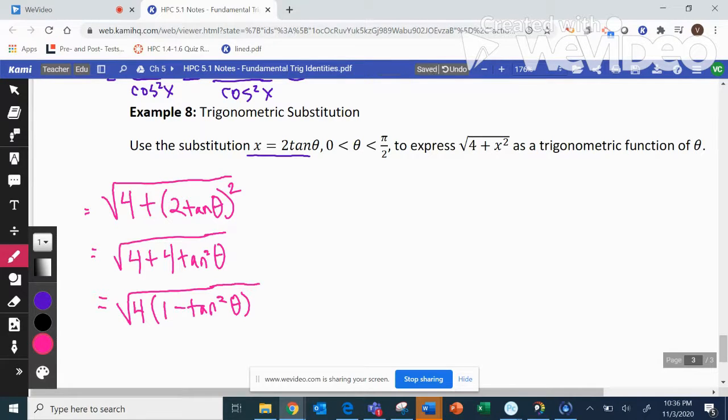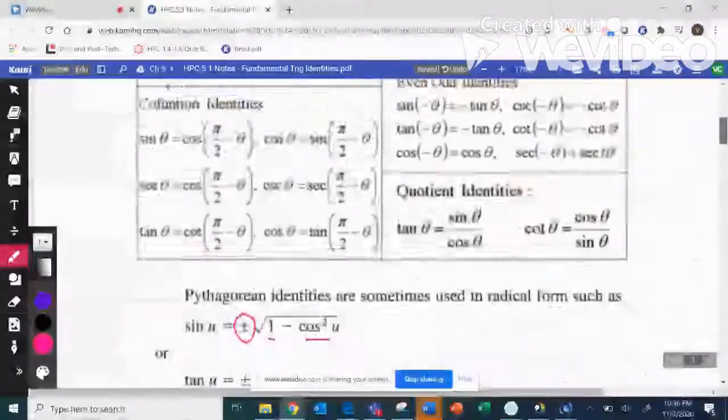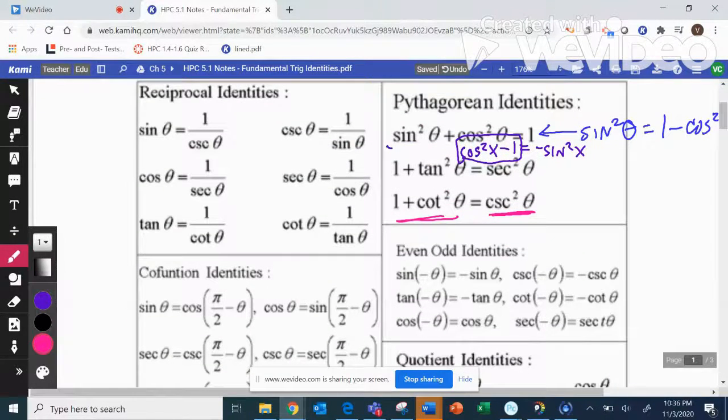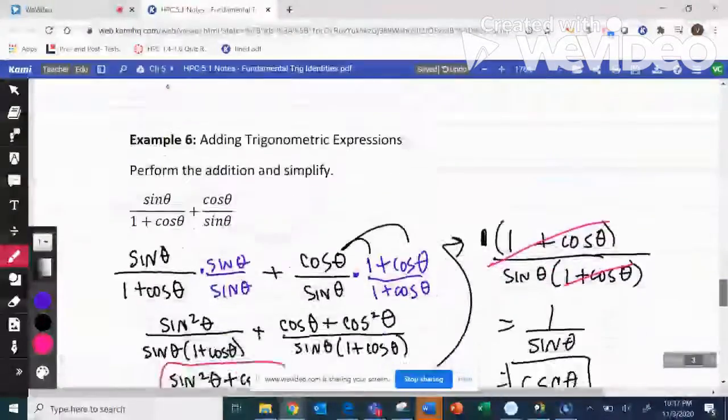If I go to my Pythagorean identities, I use this one right here. Oh, I'm sorry, it's 1 plus tangent squared, I didn't even remember it correctly. 1 plus tangent squared theta is equal to secant squared theta. So I'm going to substitute that.